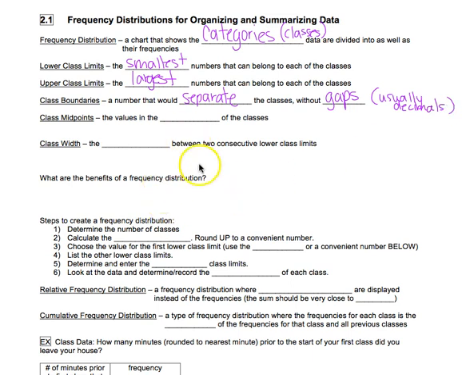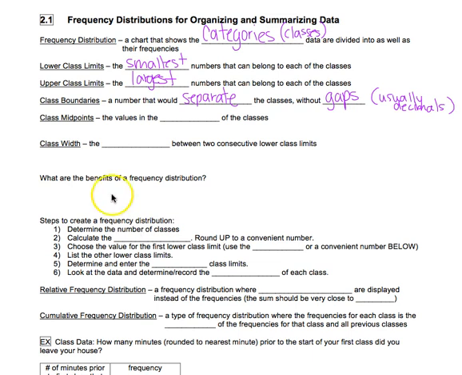So if, let's say, our first class, the lower limit is 1 and the upper limit is 9, that would mean that the smallest number that would put something in that class is 1 and the highest number that could be in that class is 9. So then it's possible that the next class might start with 10, for instance. So my first class was, say, 1 to 9, and then my second class starts at 10.